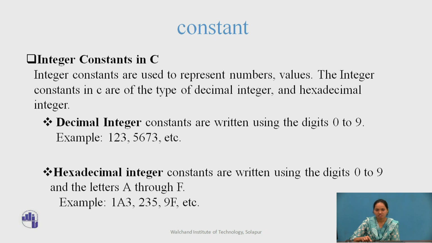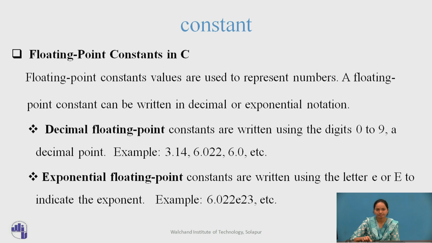Hexadecimal integer constants are written using digits 0 to 9 and the letters from capital A through capital F. Examples of hexadecimal integers are 1A3, 235, 9F, etc.